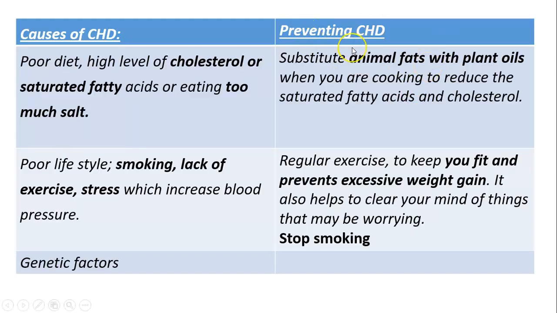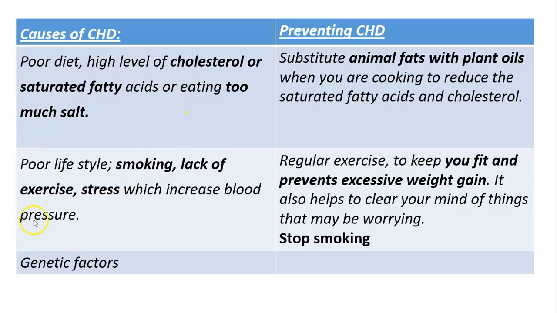Also, how to prevent this? We can prevent it by substituting the animal fats that can deposit on the walls with plant oils that will reduce the fatty acids and cholesterol. So now we don't have enough saturated fatty acids to deposit. So this will help our heart.